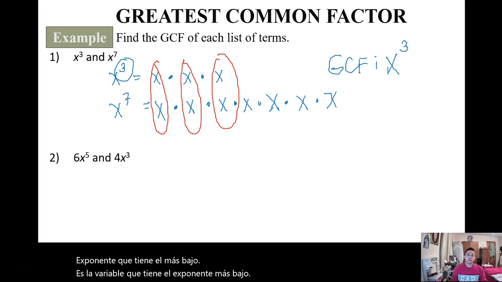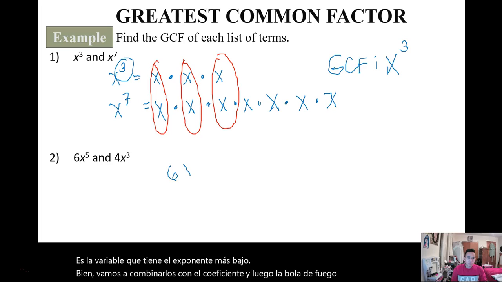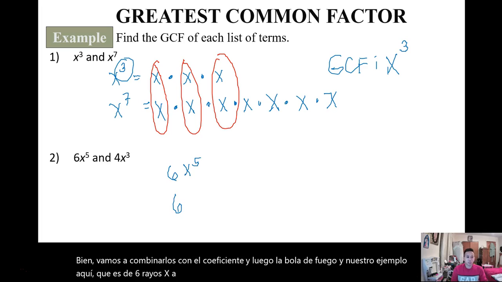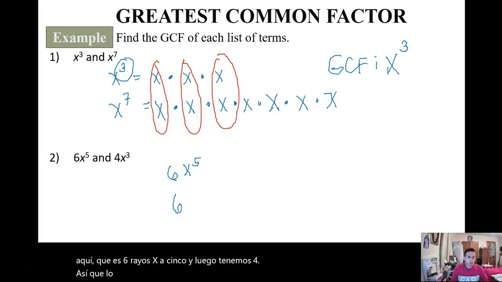Okay, now let's combine them together with the coefficient and the variable. In our example here, we have 6x raised to 5, and then 4x cubed.